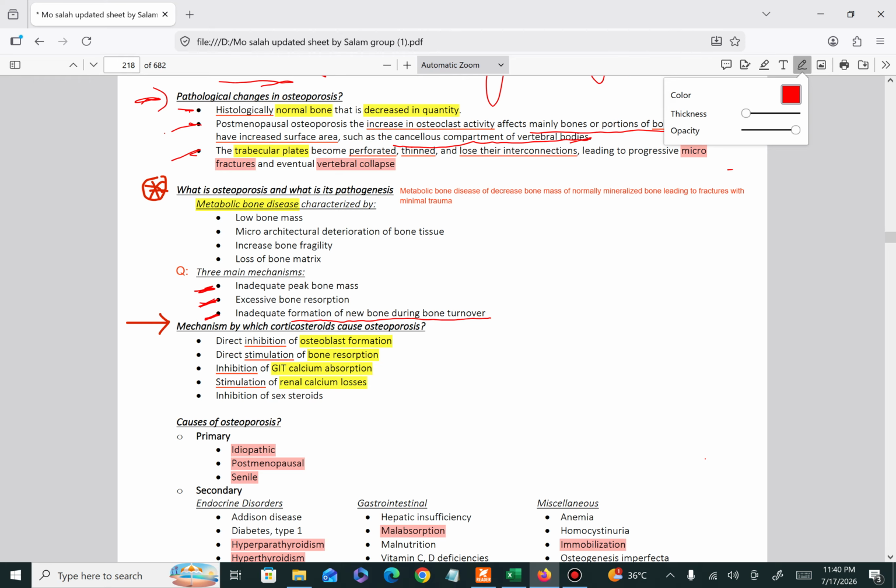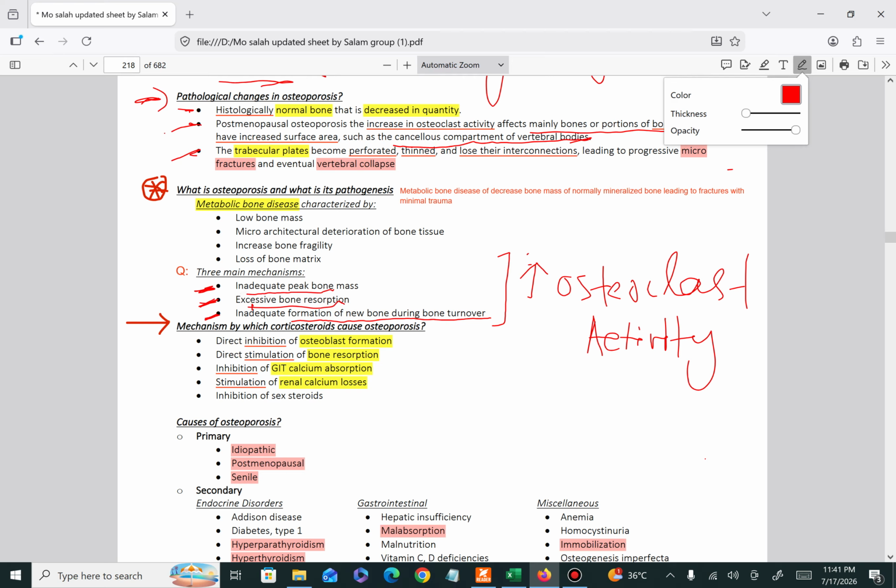All these mechanisms are driven by an increase in osteoclastic activity.